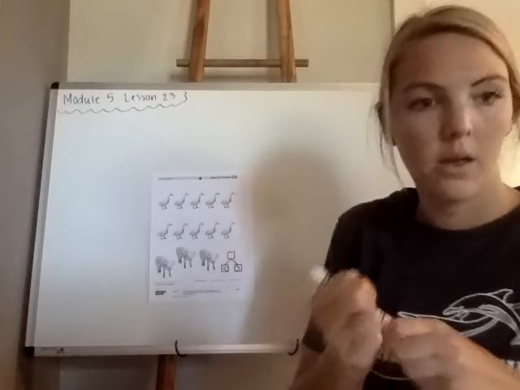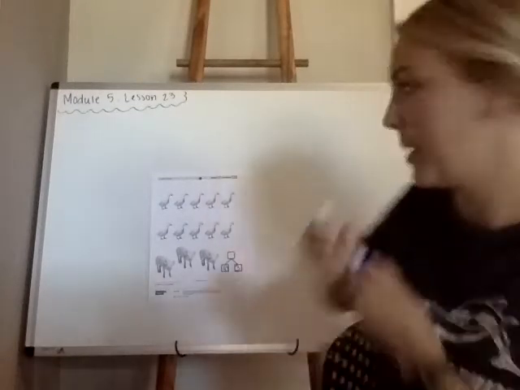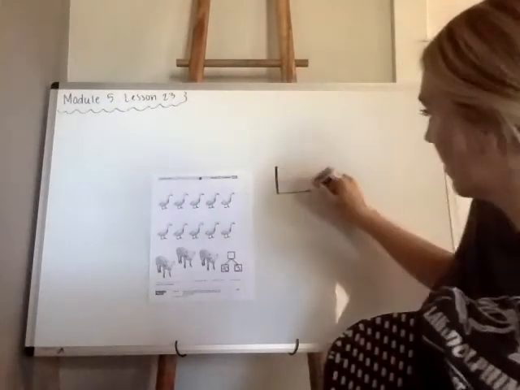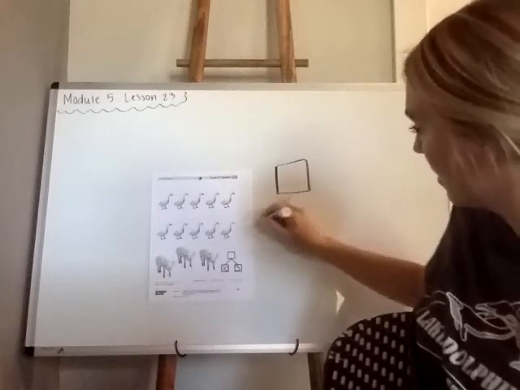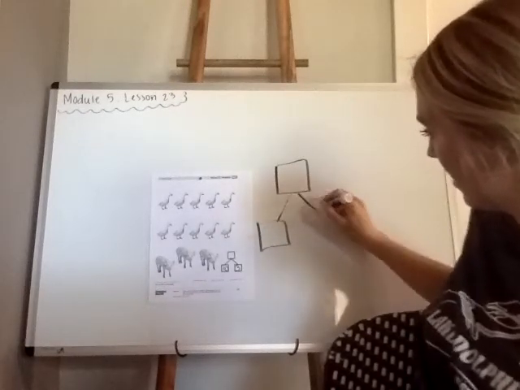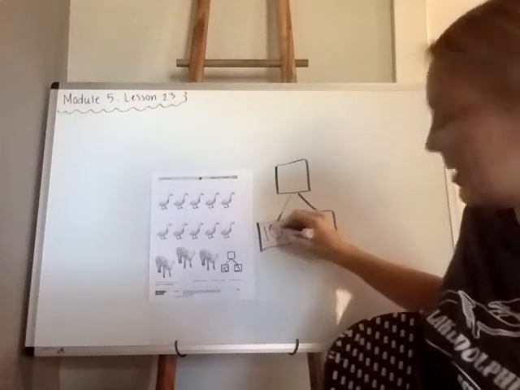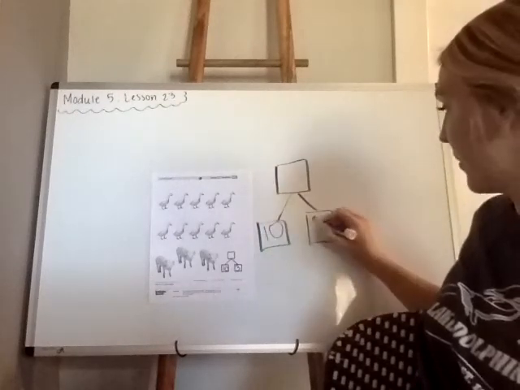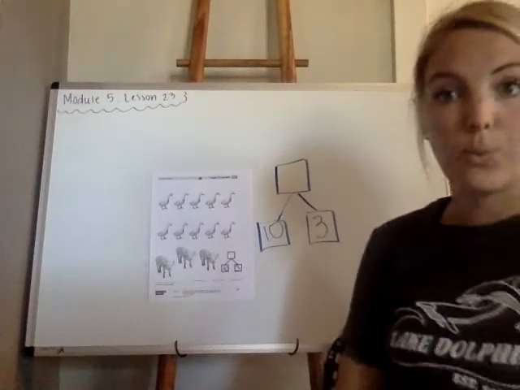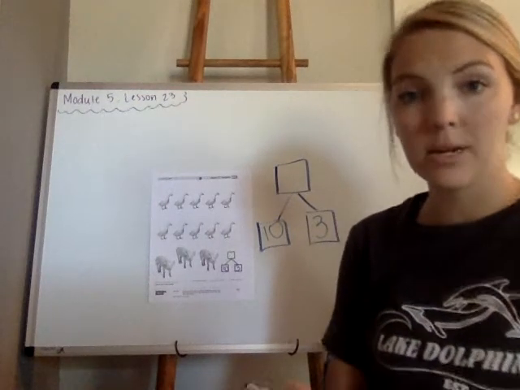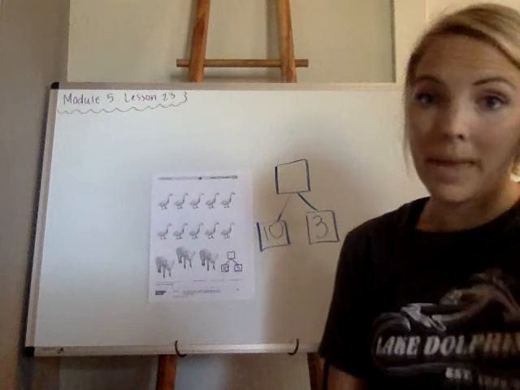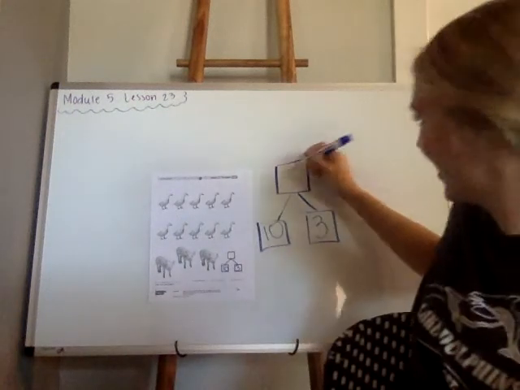Okay? Let's see. I'm actually going to write it up here so that we can see it better. So my parts again were 10 geese and 3 pigs. So we know, because we've been working with teen numbers, that 10 and 3 make 13.